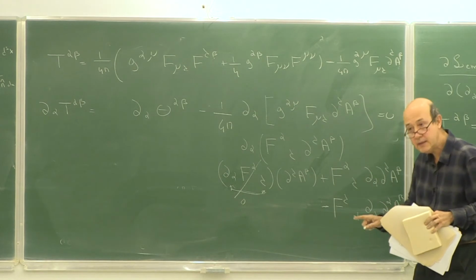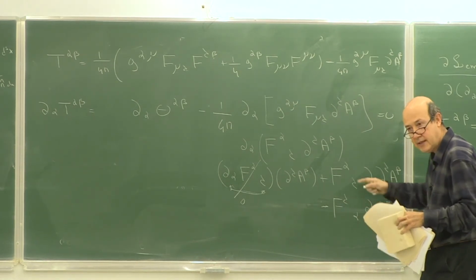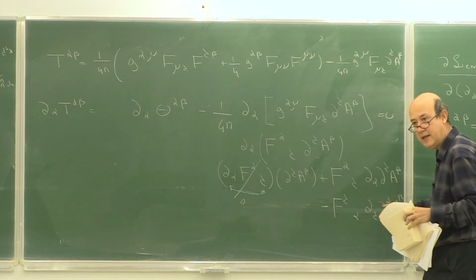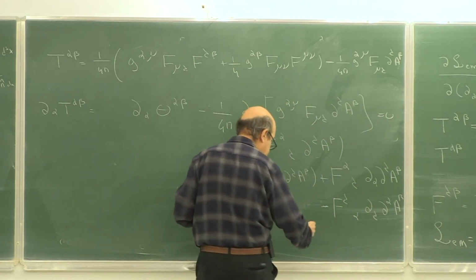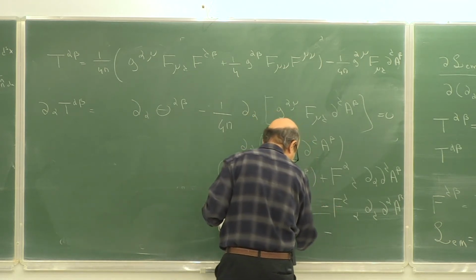That is minus. But at the same time, these are dummy indices. I can change the lambda as alpha, alpha as lambda also. Okay? And what is this? This is the antisymmetric property.